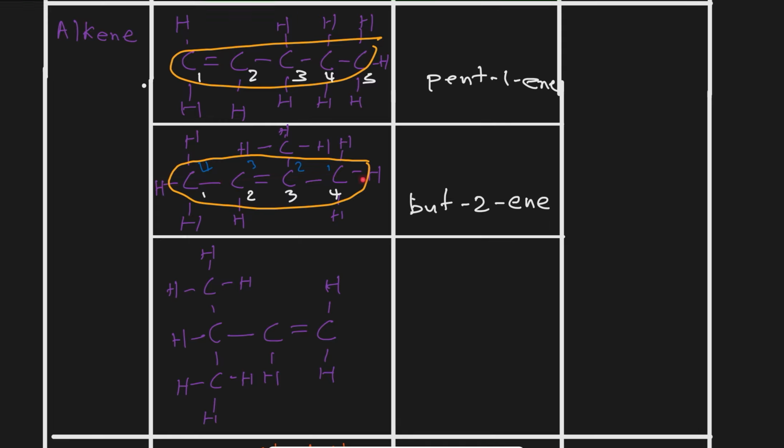So now after we have labeled the main chain, we have to now label the branches that we have. We can see the branch that we have here is on the second carbon if we come from this direction. But if we come from this direction, this branch is now on the third carbon.